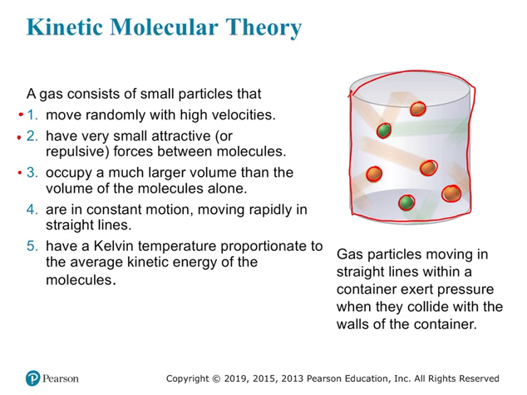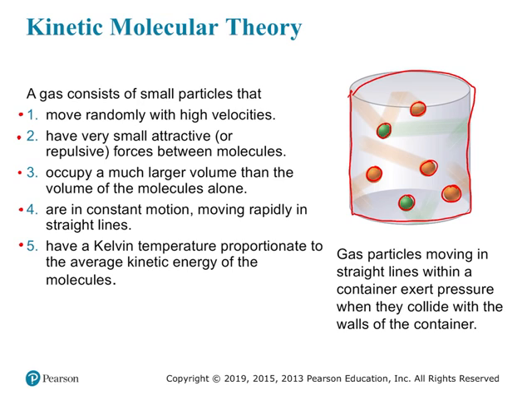All right, and then number 4, we're going to assume that gases are in constant motion and they move rapidly in straight lines, unless they hit something and then they'll move in another direction. And then 5, they have a temperature in units of Kelvin that's proportional to the average kinetic energy of the molecules.